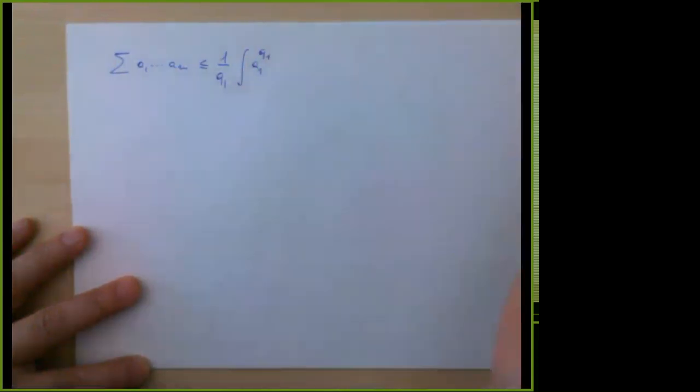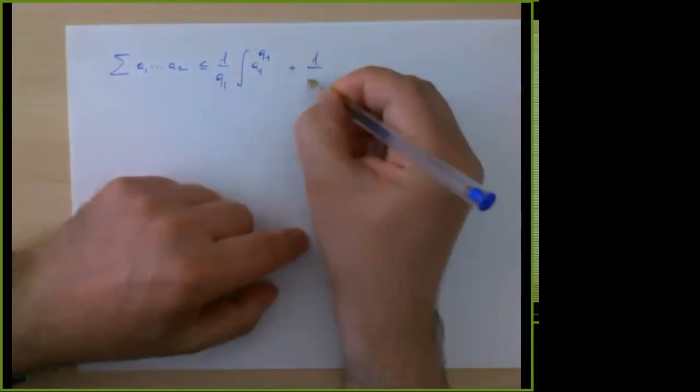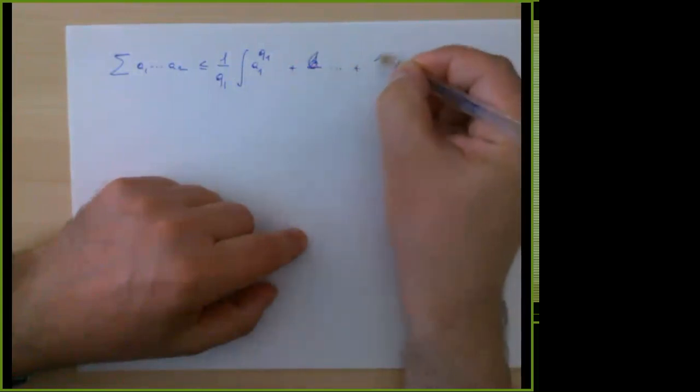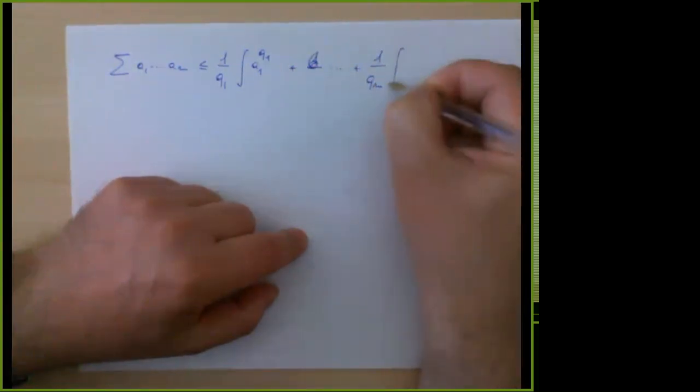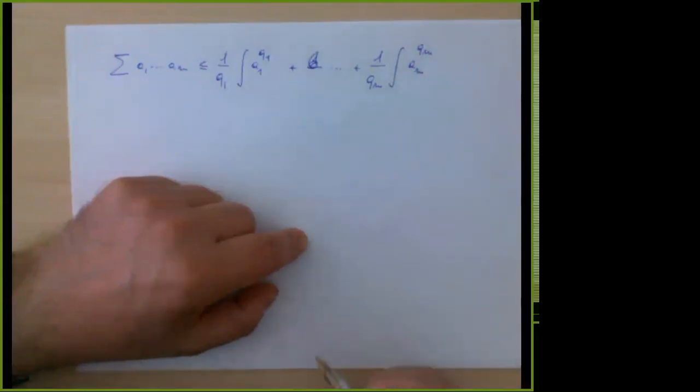We can just think of the Riemann integral as always, because I'm not assuming explicitly that you know about the Lebesgue integral, so there is no need for that. So a_m to the power q_m, okay?